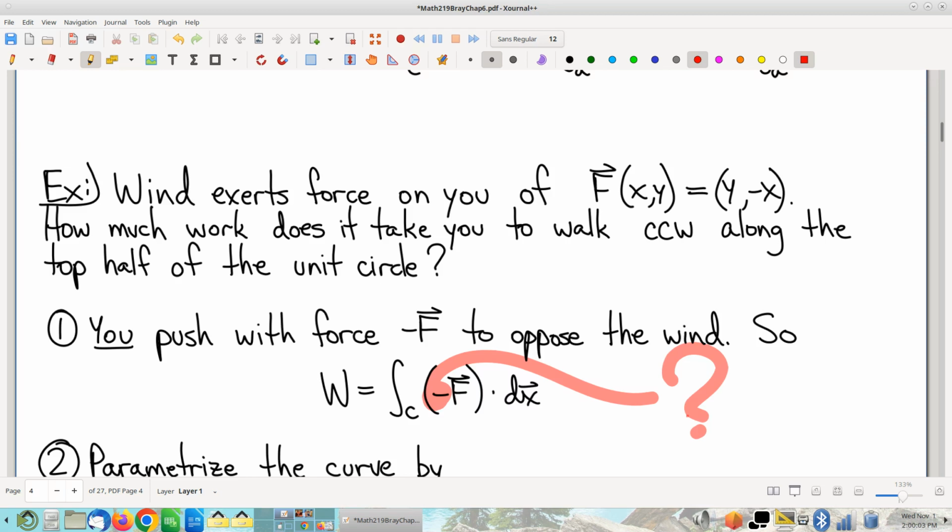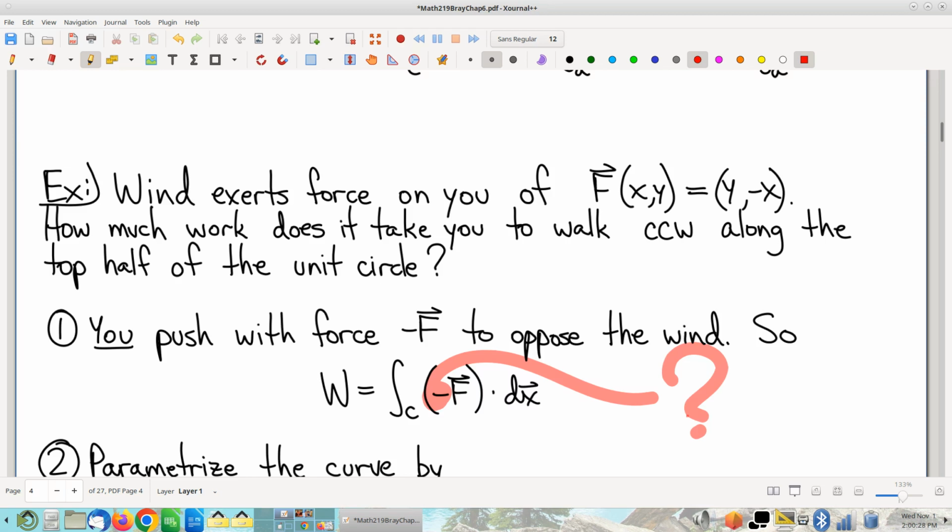And then there's the fact that you are exerting a force forward to oppose that, to keep from being blown over. So the force that the wind is applying to you and the force that you are applying back to the wind are opposites of each other. They're negatives of each other. So you've got to decide which one was given and which one you need.